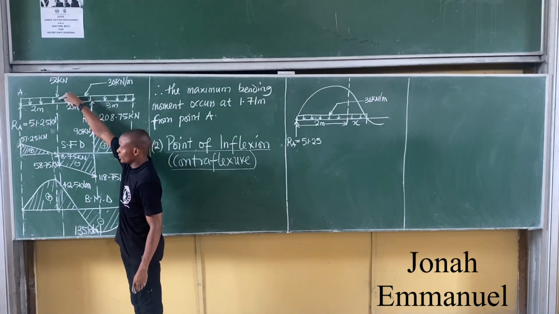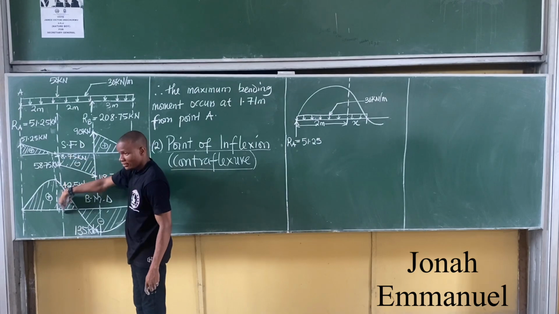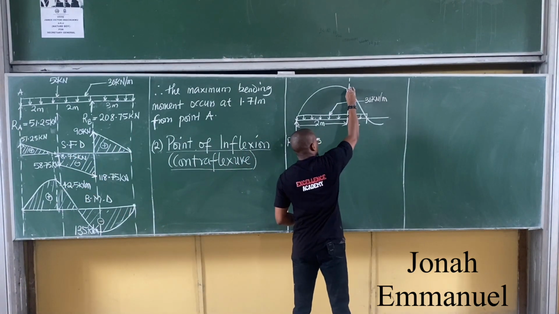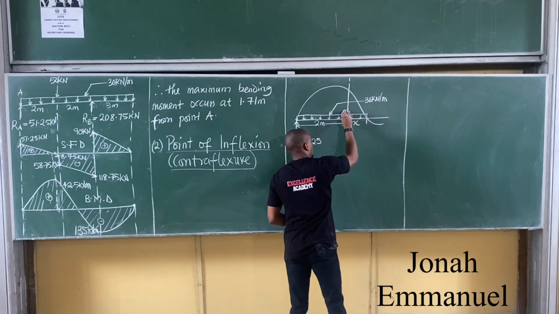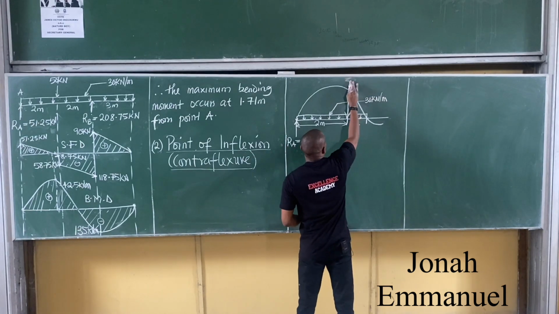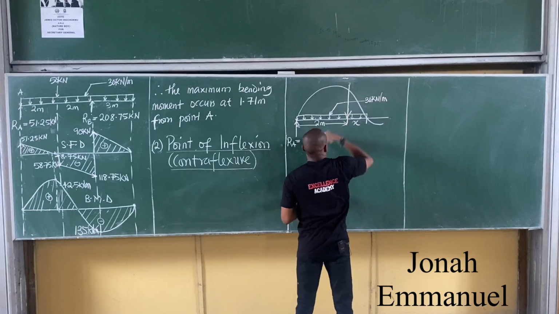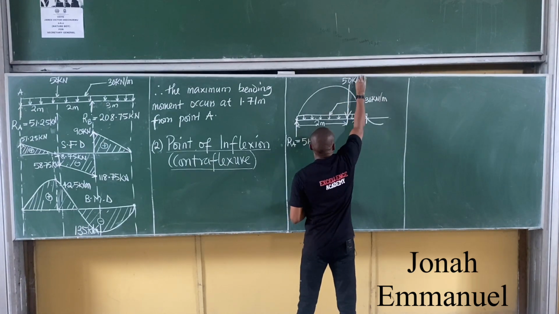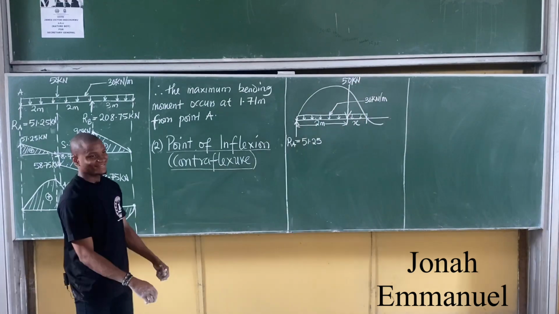Please, 50 is acting at what point there? Exactly 2. That means at exactly 2 here, I'm bringing back 50. So at this point, I have 50 kilonewton.